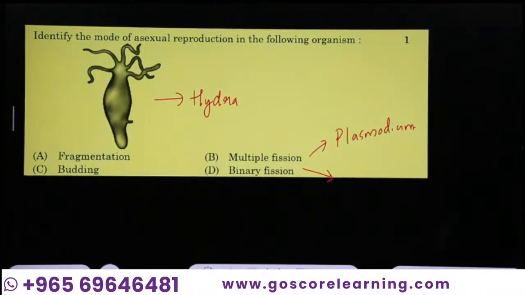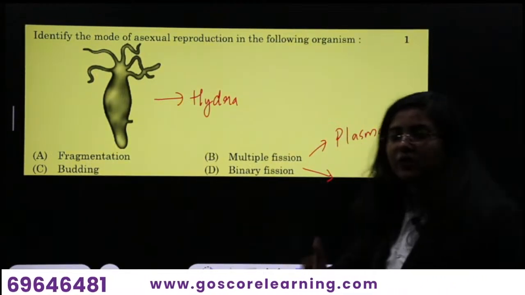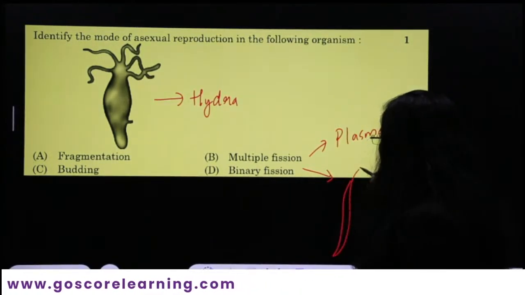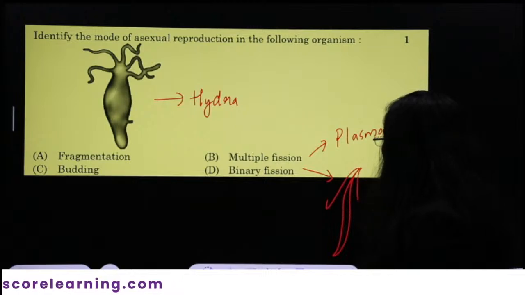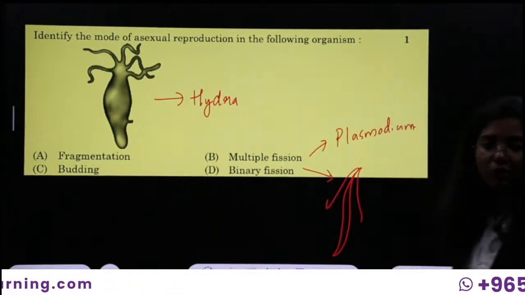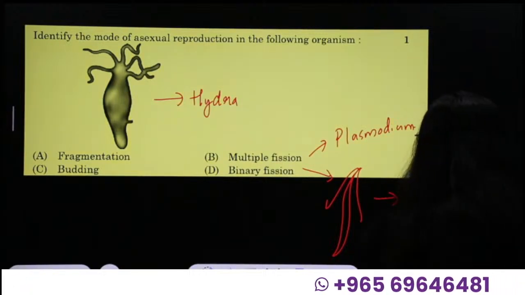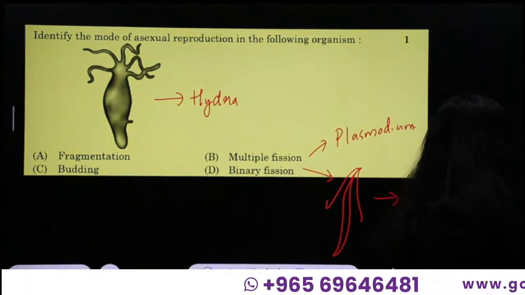Next, in the case of transverse binary fission, you can see an organism like this with two flagella. What is the name of this organism? Leishmania.